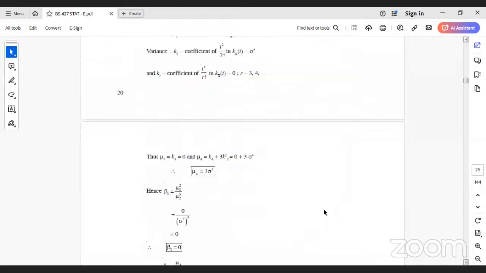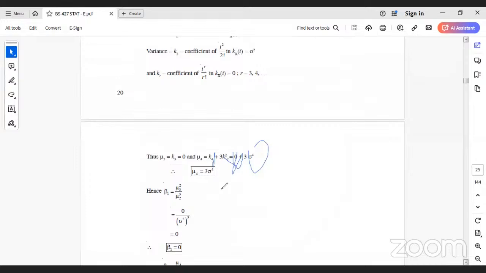Thus mu3 is equal to k3 is equal to 0. Then mu4 is equal to k4 plus 3 k2 square, which is 0 plus 3 sigma 4. In place of k2 we substitute mu2, so 3 sigma 4.